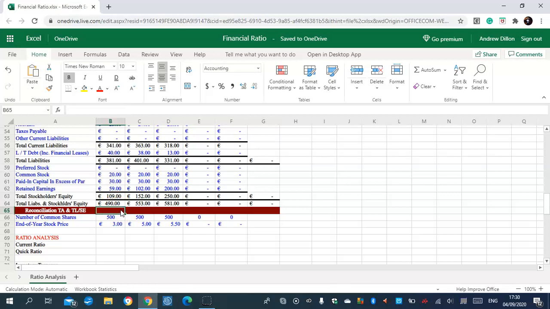Now the next step is to calculate the reconciliation of TA and TL divided by C. Yeah, total assets, which is TA, total liabilities, which is TL, and stockholders' equity is SSE.